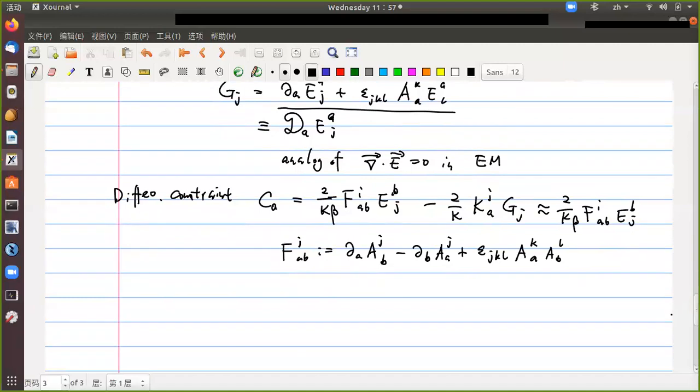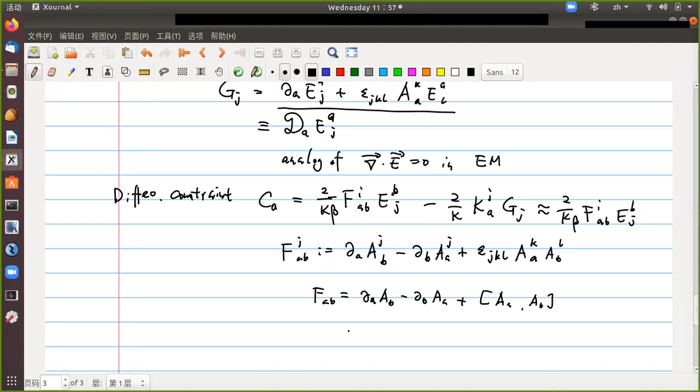Usually in my gauge theory class, I would write F as a matrix, equals partial_a A_b minus partial_b A_a plus the commutator of A_a and A_b, in case we consider A to be Lie algebra valued, or matrix valued, right?